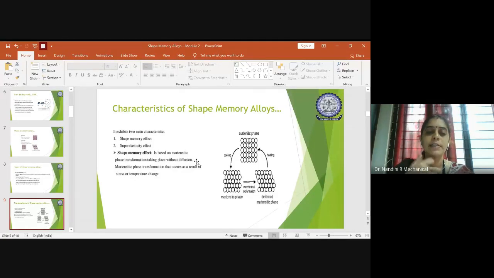Apart from that, it has one more characteristic, which is called the super elastic effect. So all shape memory alloys, whether developed from nickel based or copper based alloys, both families should have these two characteristics: the shape memory effect and the super elasticity effect.